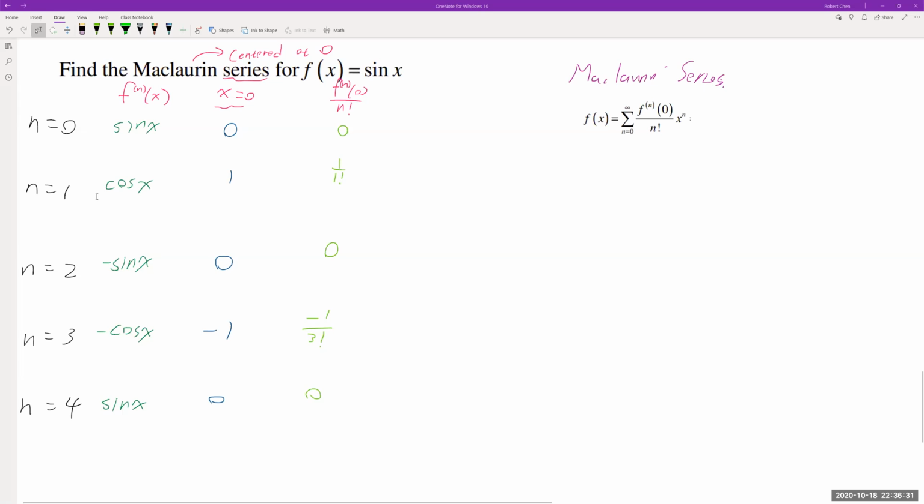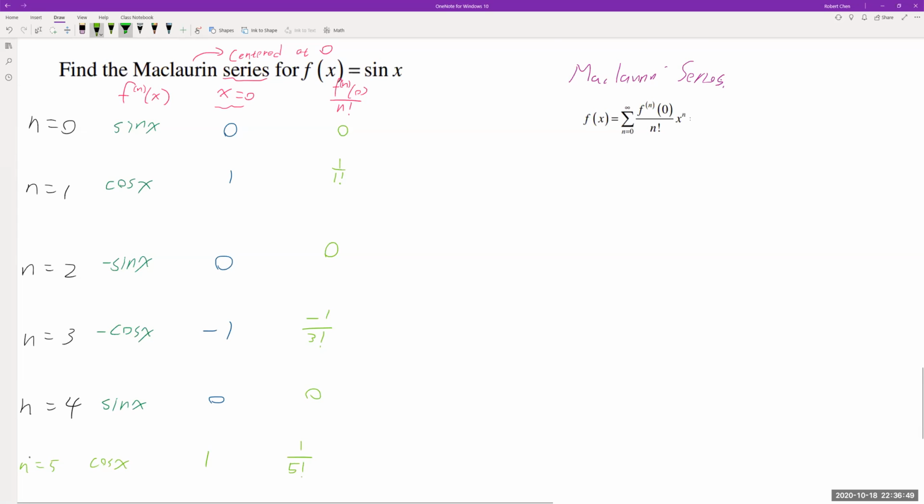The only non-zero terms come from the odd values of n: 1, 3, and the next one will be 5. When n is equal to 5, that will be cosine x, cosine 0 is 1, and that will be 1 over 5 factorial.